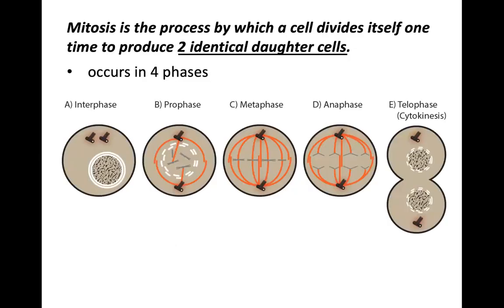All right. So now we're going to actually talk about mitosis. Mitosis is when a cell divides itself 1 time to produce 2 identical daughter cells. So some things we need to know about mitosis.